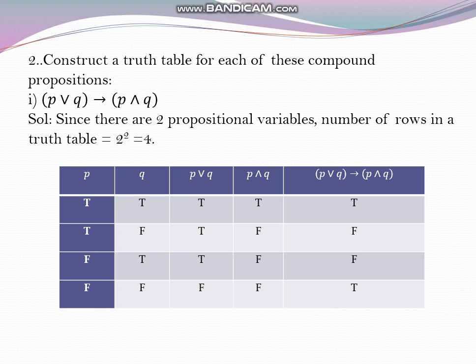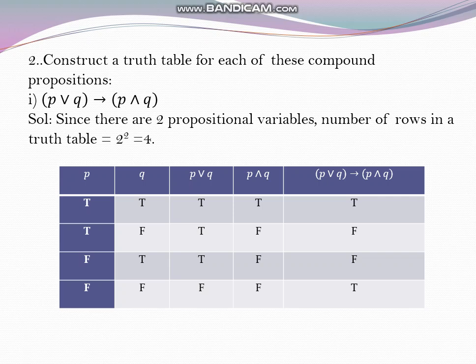The first one is P or Q implies P and Q. First of all, you should be able to understand how many propositional variables are there. There are 2 variables, P and Q, and therefore the first column will be for P and the second column will be for Q. To have all the combinations of T and F, that means true and false, we are going to write the first column as TTFF and the second as TFTF.